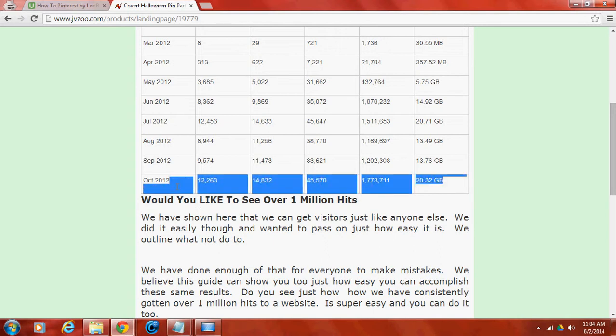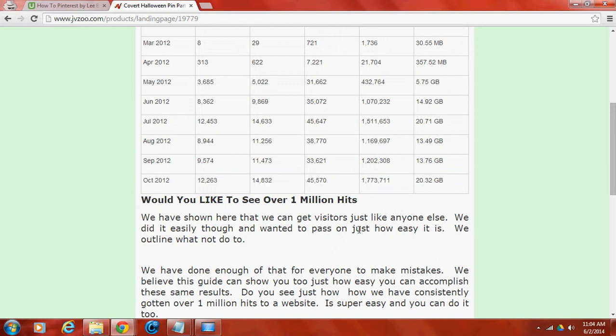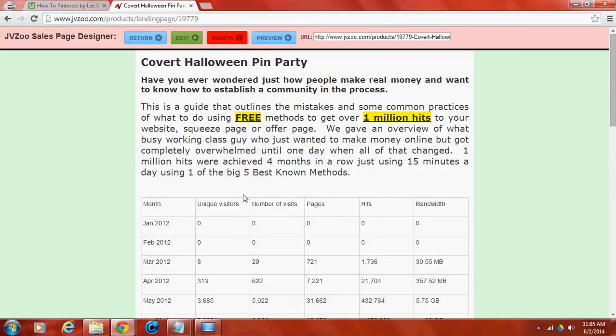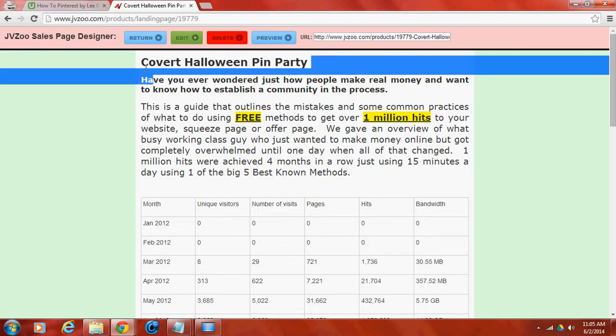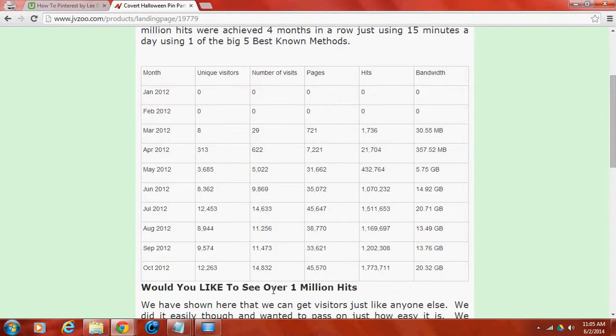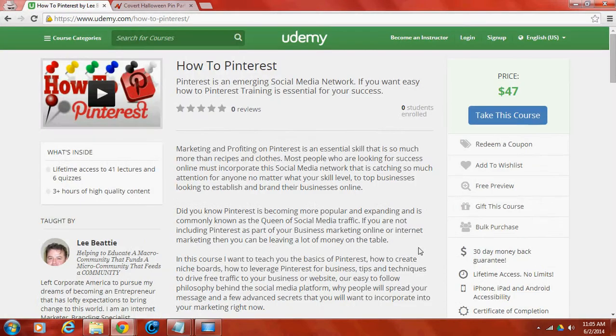If I only invested a total of about 6 hours at this point, then over the next 2 months after that, the hits were off the charts. The number of visitors was into the hundreds of thousands, and by December, around Halloween, those are some of the numbers that you see there.